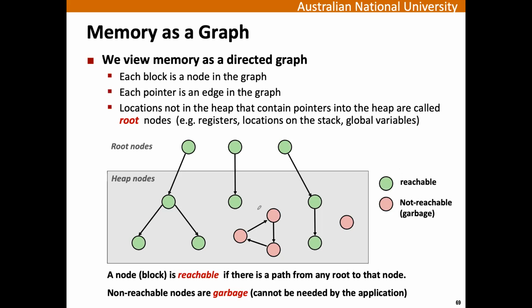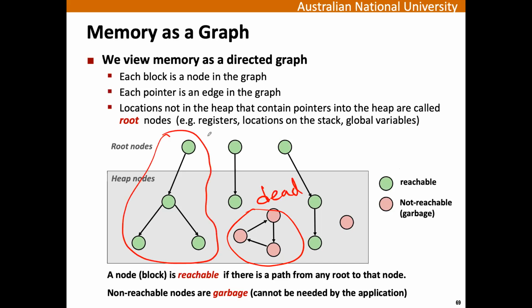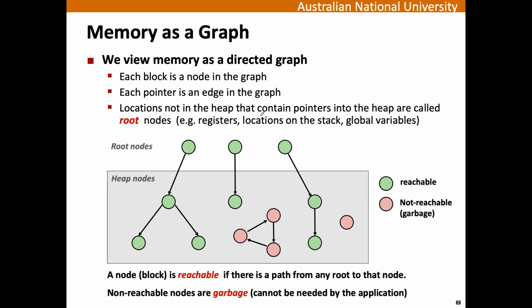So these are dead nodes, and these are nodes that are alive. Non-reachable nodes are garbage, and if there's a pointer to a node originating from the root node, then that node is alive.